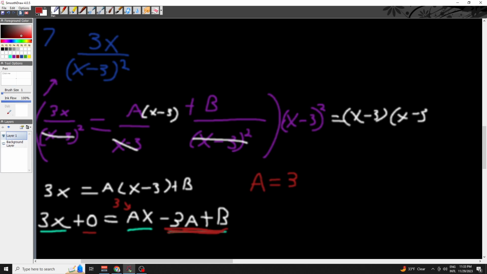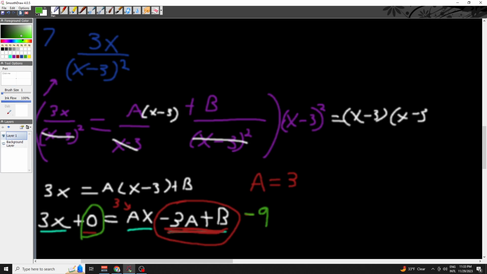But we want to solve for this equation now. How do we do that? Well, we know that a is equal to 3, so this part, where is it? Green. This part right here is equal to negative 9. And over here, this is equal to 0. We want to make the non-x values equal to 0.